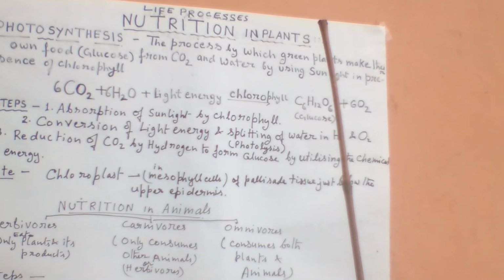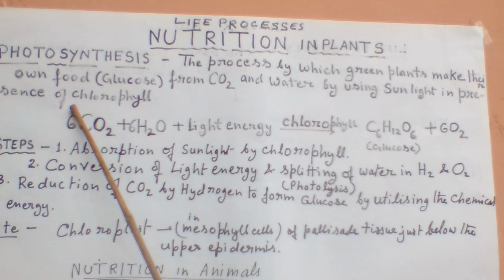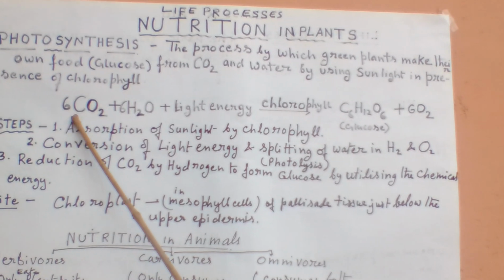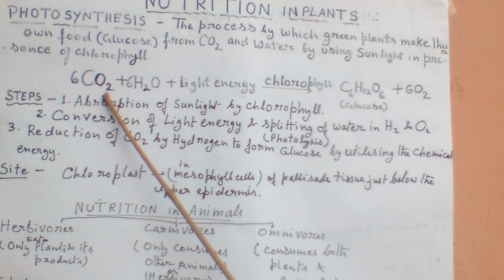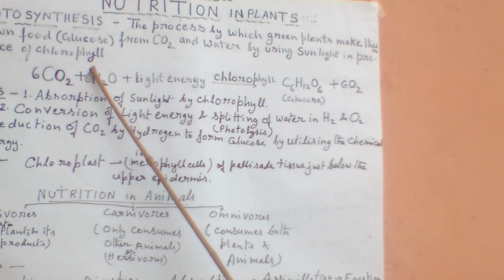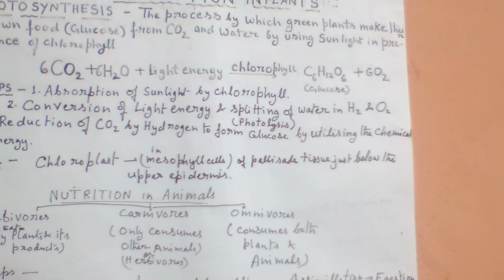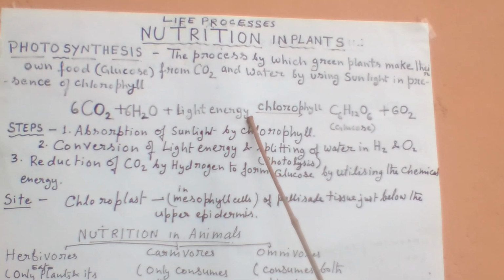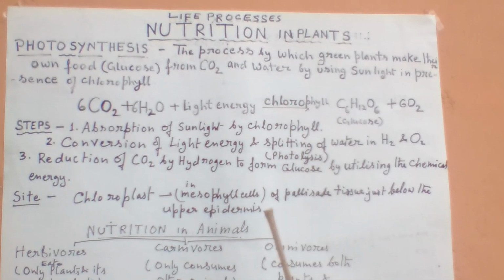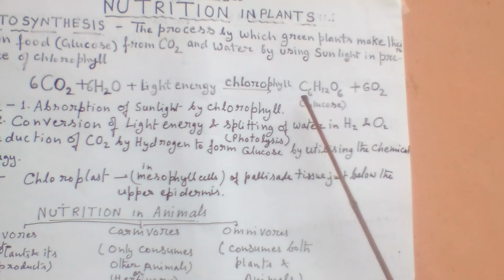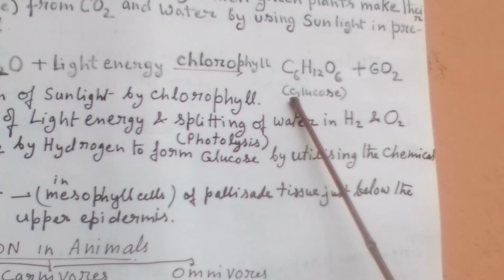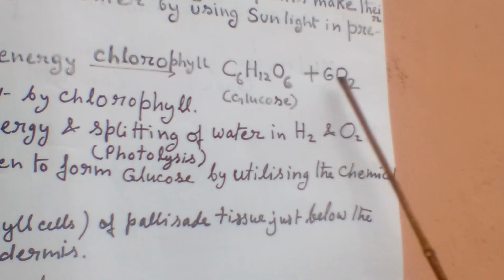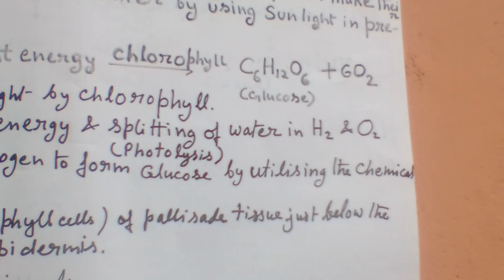And if you summarize the process, you can take it in the form of a chemical equation: 6 molecules of carbon dioxide taken from the environment, 6 molecules of water taken from the soil by the absorbing method of osmosis by the roots, and using solar energy trapped with the help of the green pigment present in the green cell called chloroplast, form the complex product glucose, C6H12O6, and they also release a byproduct, oxygen, 6 molecules of oxygen.